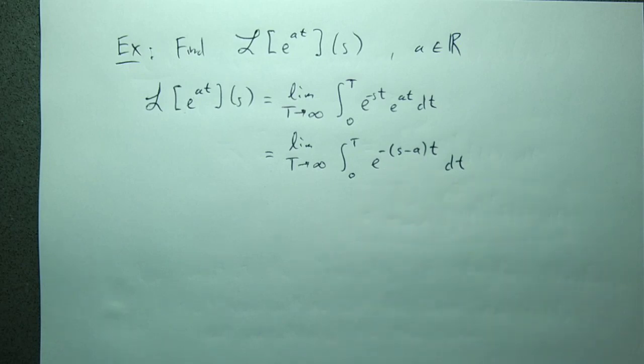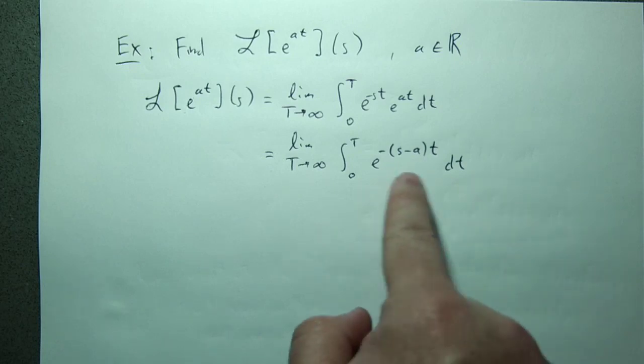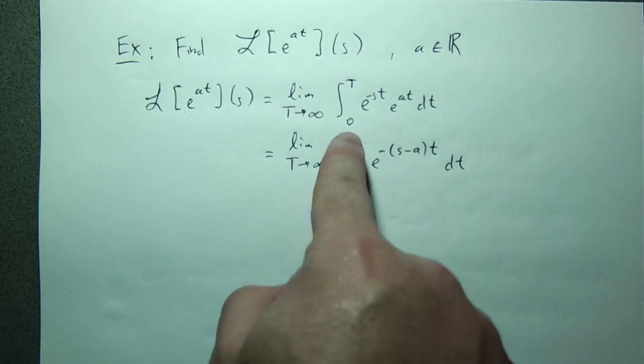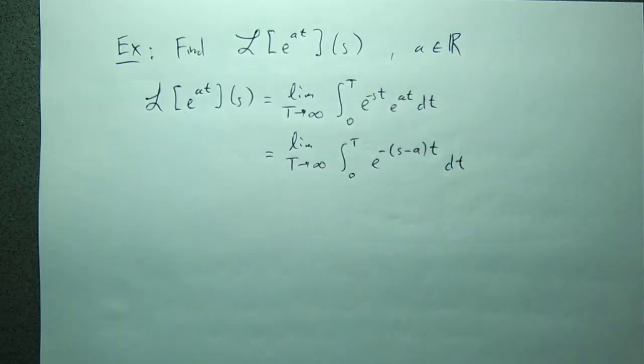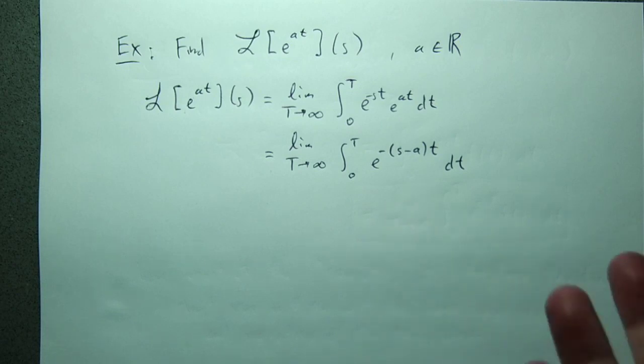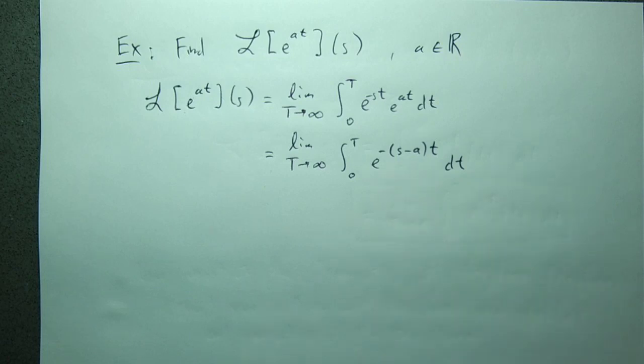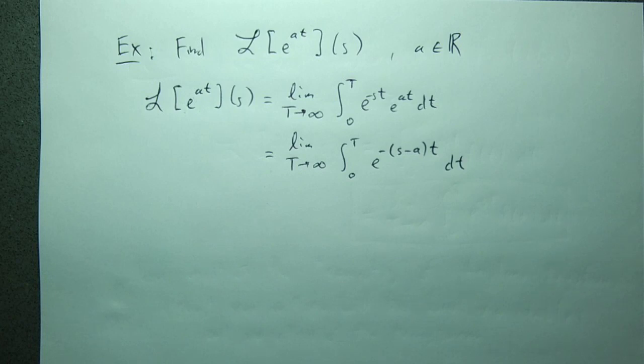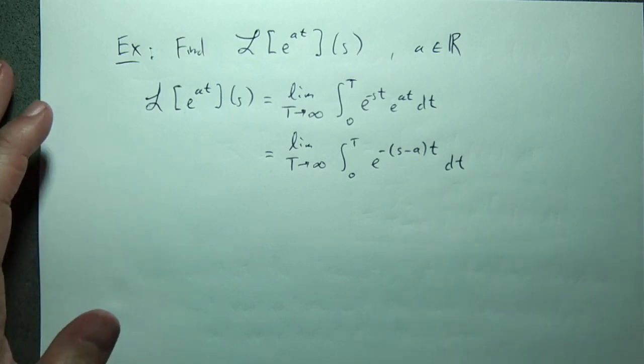If s minus a is negative, that's going to be bad, because this is integrating e to a positive number over the positive reals. That's clearly going to go to infinity. It's going to diverge. And so you're actually going to want s minus a to be positive and not negative here. That's just intuitively looking at this thing, but let's compute this out.